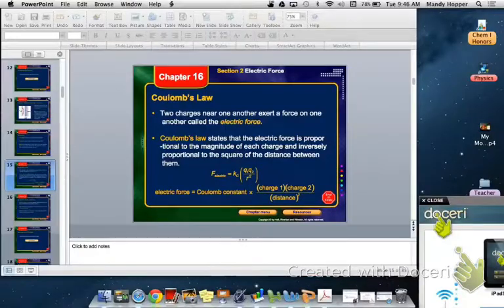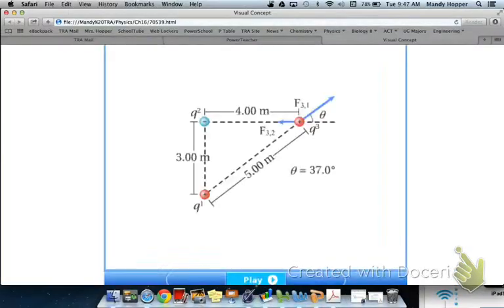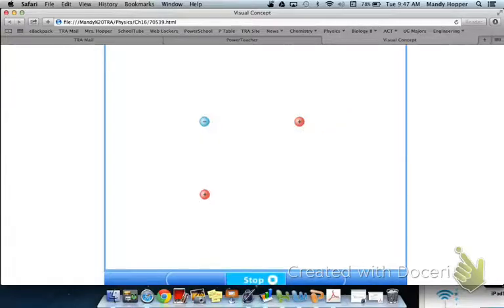Like any other vector quantity, electric forces have both magnitude and direction. Consider a positive charge Q3 in the vicinity of a positive charge Q1 and a negative charge Q2. Suppose you want to find the net force acting on Q3.